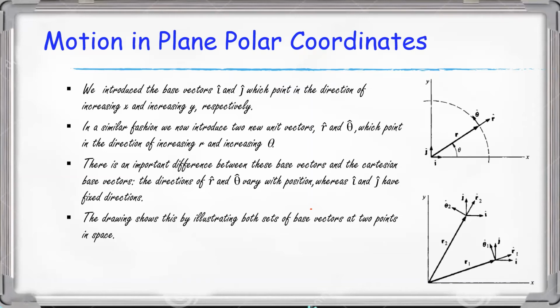Here we consider 2 points, 2 position vectors, that is r1, corresponding to this position, and here it is another position, and the directions of the base vectors are given in the figure. Then look at the directions.